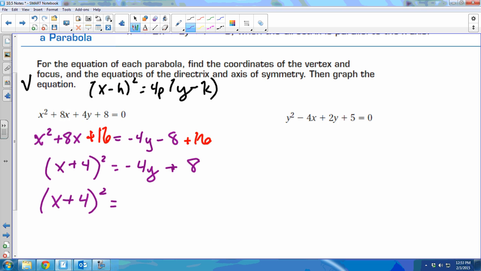I am trying to write the equation like I've been doing the entire time. I can't have negative y, so we take negative 4 out. And then I just need to rewrite this one more time.